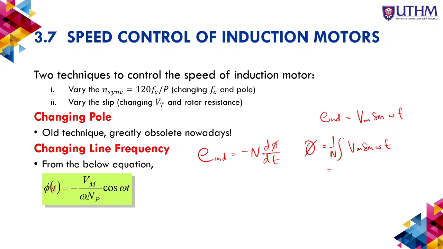If you can see from here, the flux is equal to the maximum voltage divided by omega N p, the number of turns. From here we can see that the flux is inversely proportional to omega, and omega is 2 pi f, the frequency.